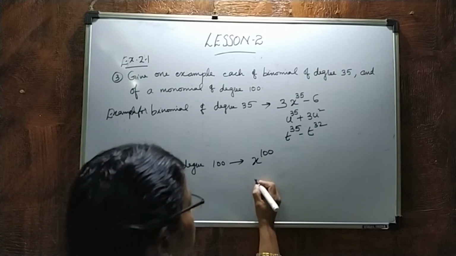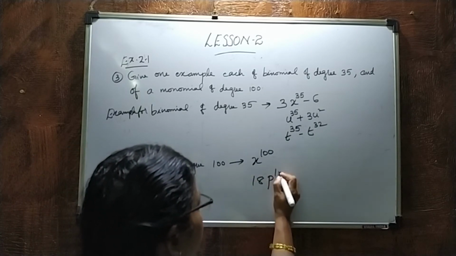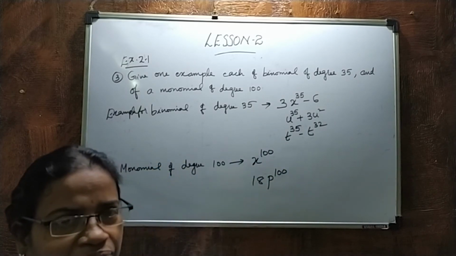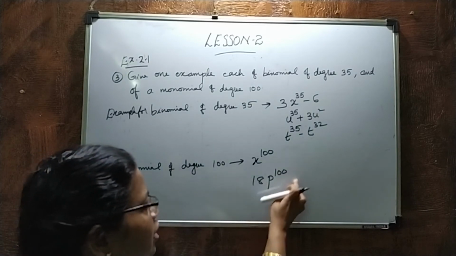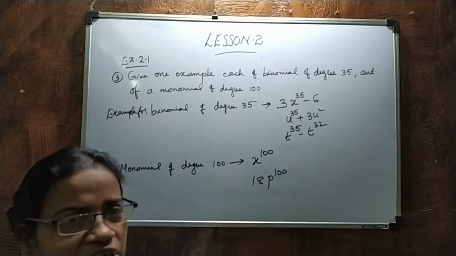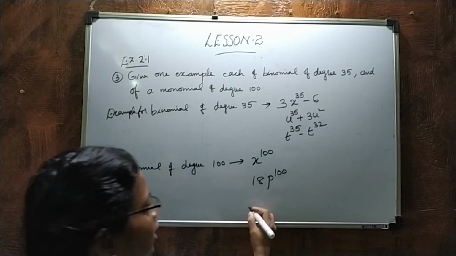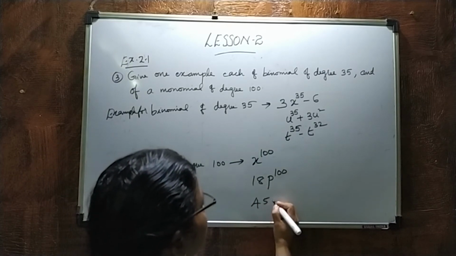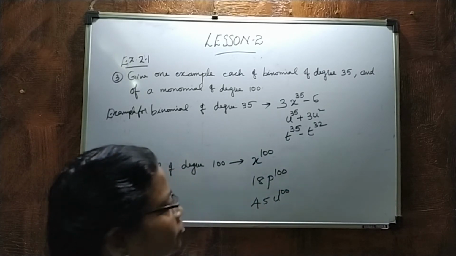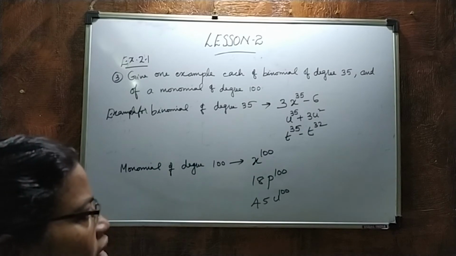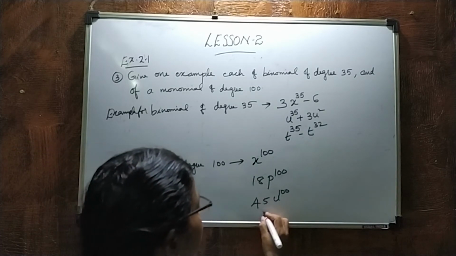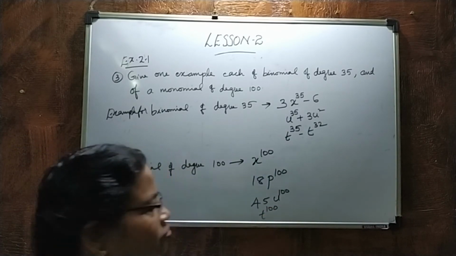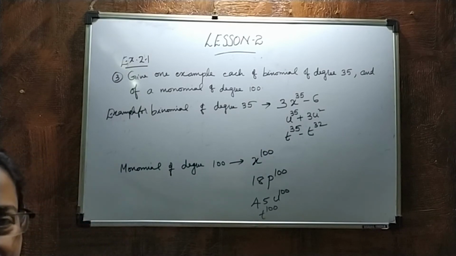Now 18p raised to 100. Only one term is there, no plus or minus. Then 45u raised to 100. Then suppose t raised to 100. No problem. So these are the examples for a monomial of degree 100.